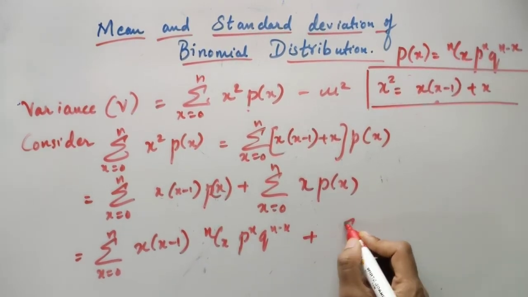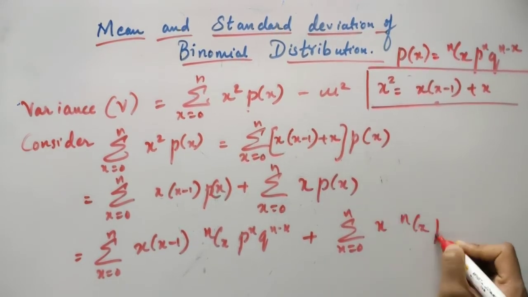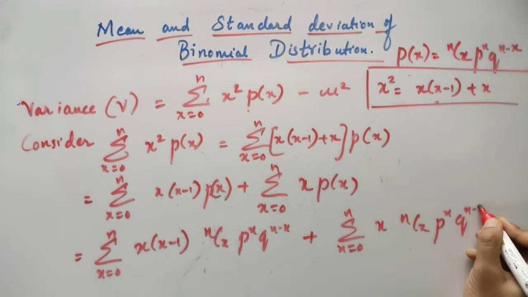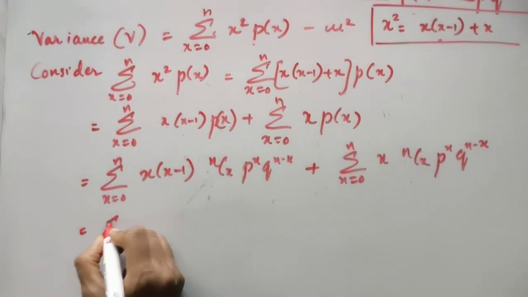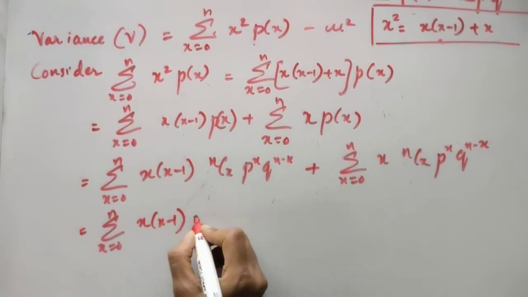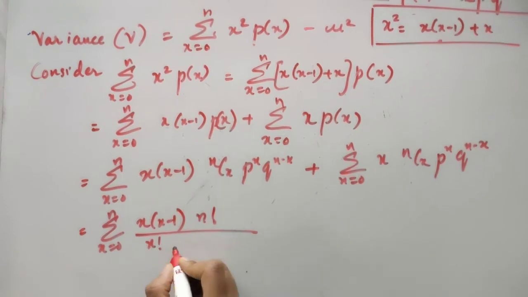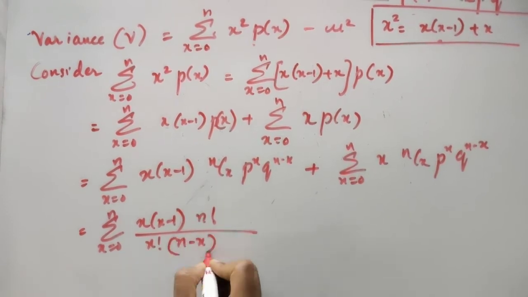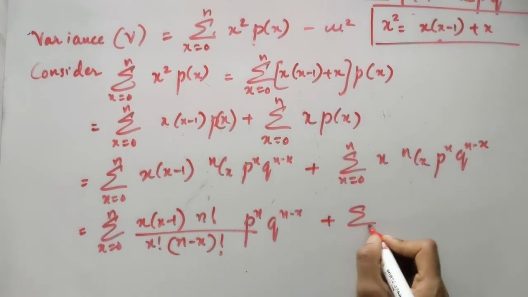All this stuff you know very well, there's nothing to repeat. We are just substituting p of x over here. Then further, let us simplify. nCx you can write as n factorial divided by x factorial into n minus x factorial, into p raised to x into q raised to n minus x, plus.